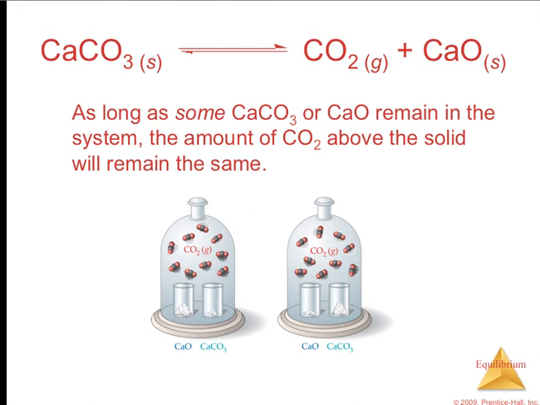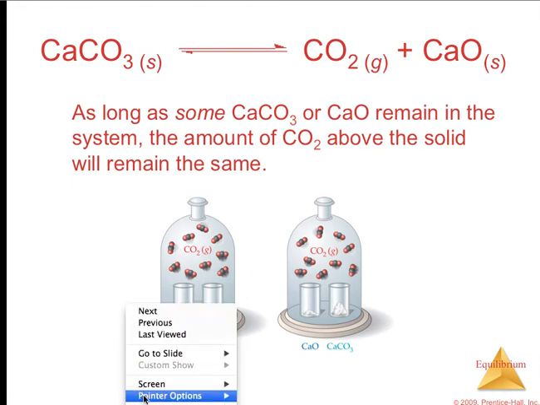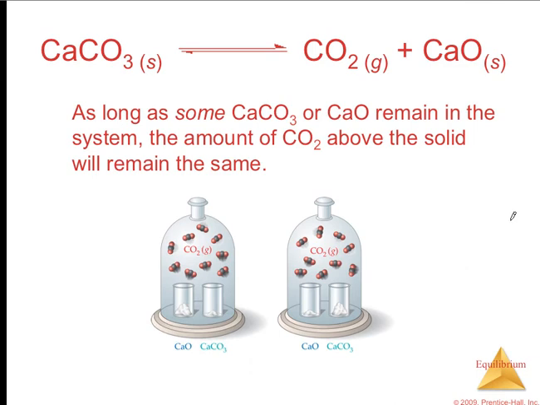So in this equilibrium, calcium carbonate solid being in equilibrium with CO2 gas and the calcium oxide solid, the Kc, the equilibrium constant based on concentrations, can you guess what it is? Kc would be just the concentration of the CO2.